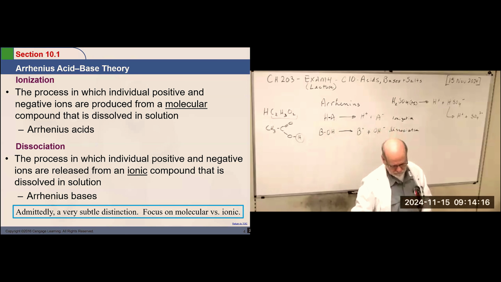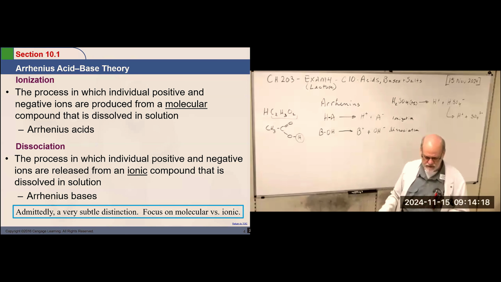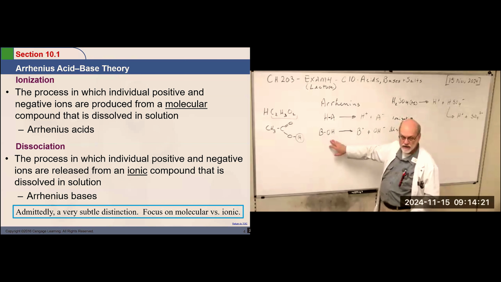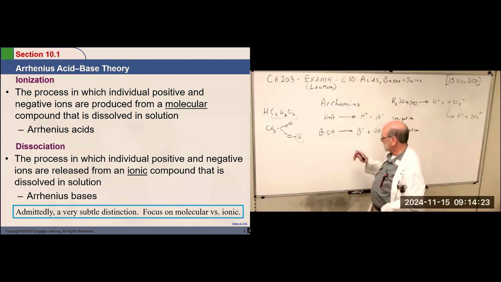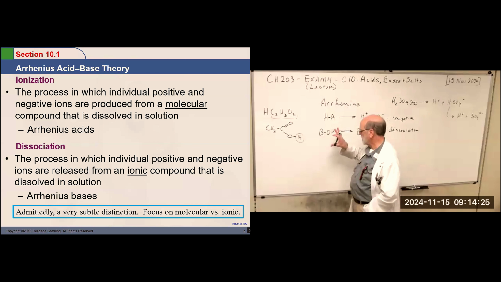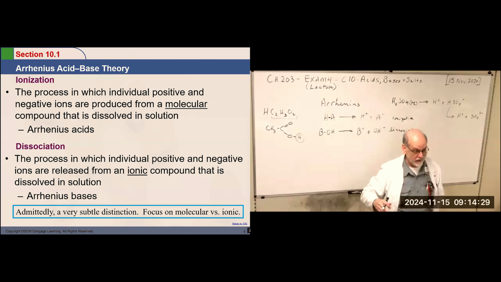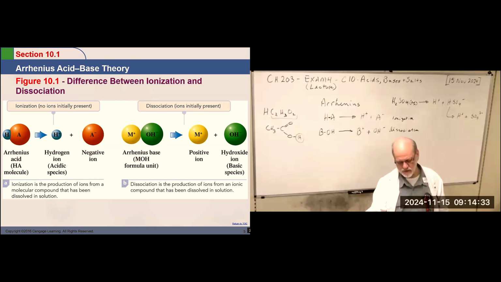And then dissociation is based upon the concept that this is an ionic compound. So it's an association of a cation and a polyatomic anion. That's your author's idea of explanation.